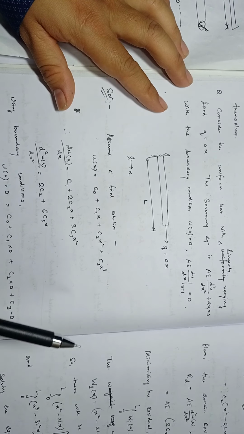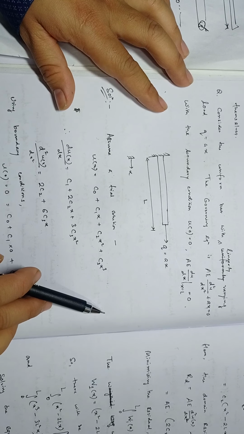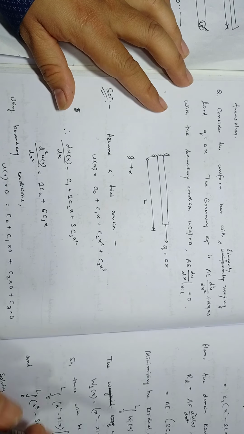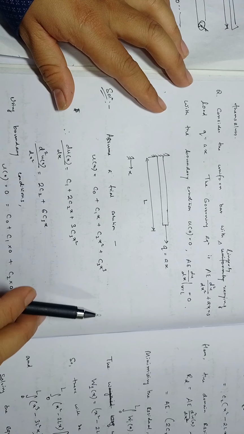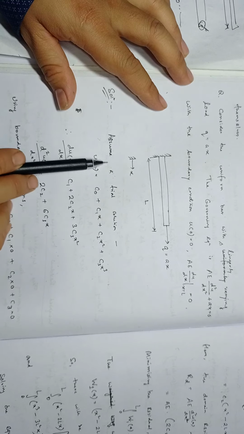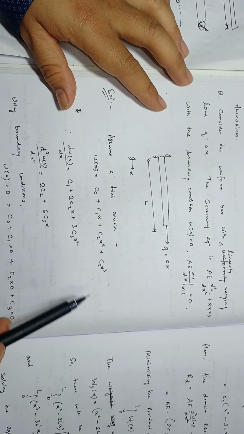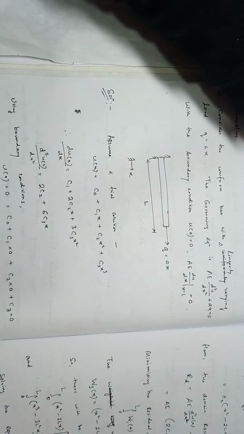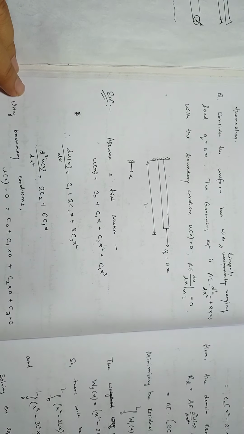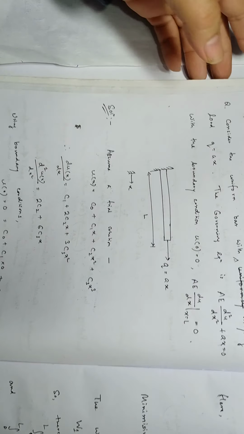Just to save time, we have taken up to c3x cube. We can take more also, and you can try that. If you take up to c3x cube, you will get a better approximate solution, so the c2x square case has been skipped here just to save time.